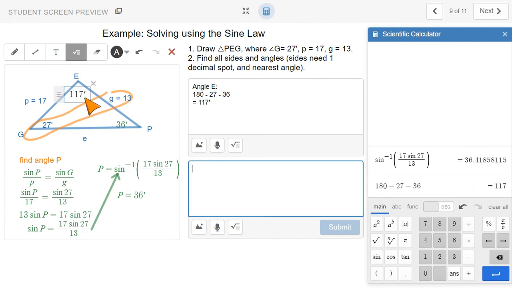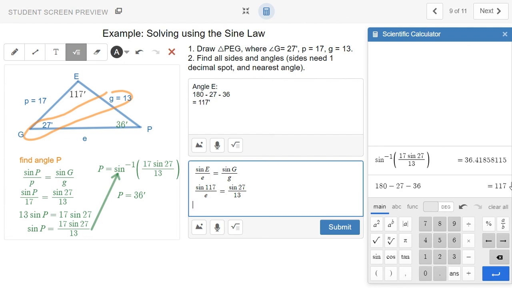Okay, now that we have 117 degrees, we have a semi-complete pair for EE. Let's once again use sine G, but we're going to have E as well. So sine E over E is equal to sine G over G. Sine 117 divided by E is equal to sine 27 divided by 13.